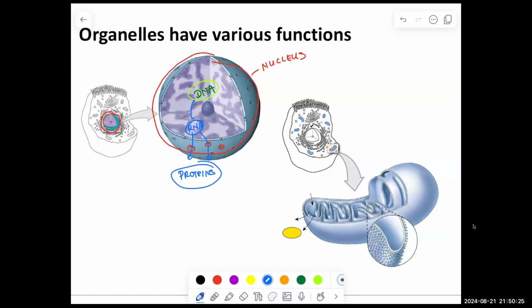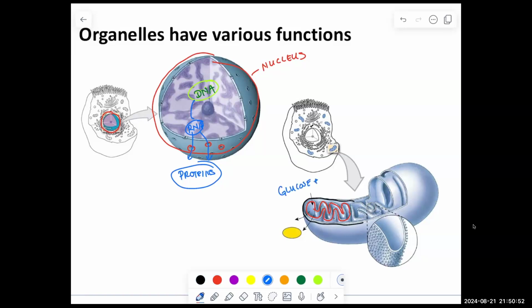The mitochondria have two sets of membranes. So this outer membrane is one of them. And then it has an inner membrane. So it's two membranes. This one's called a double membrane organelle. What this one does is bring in glucose.